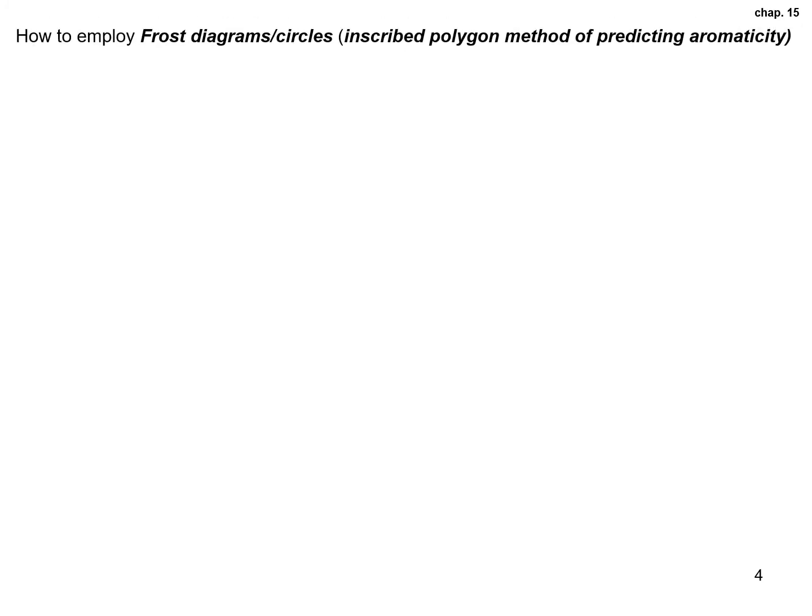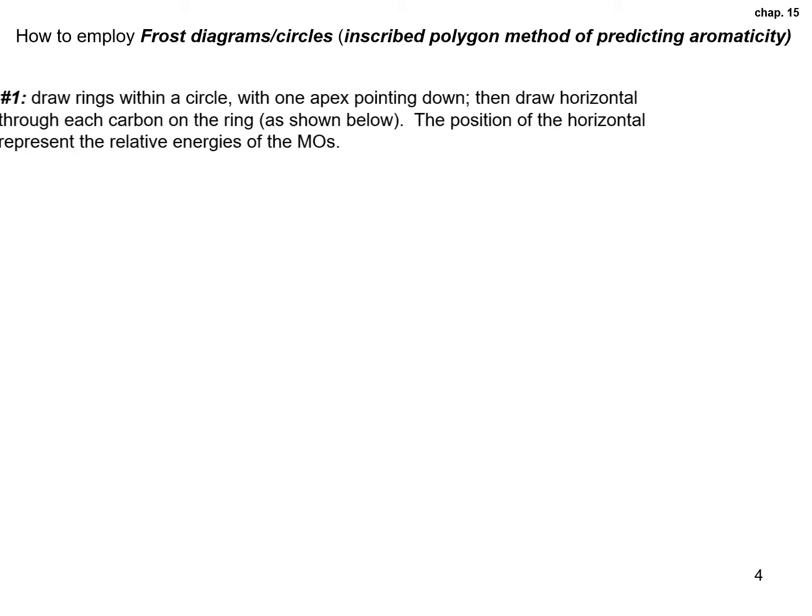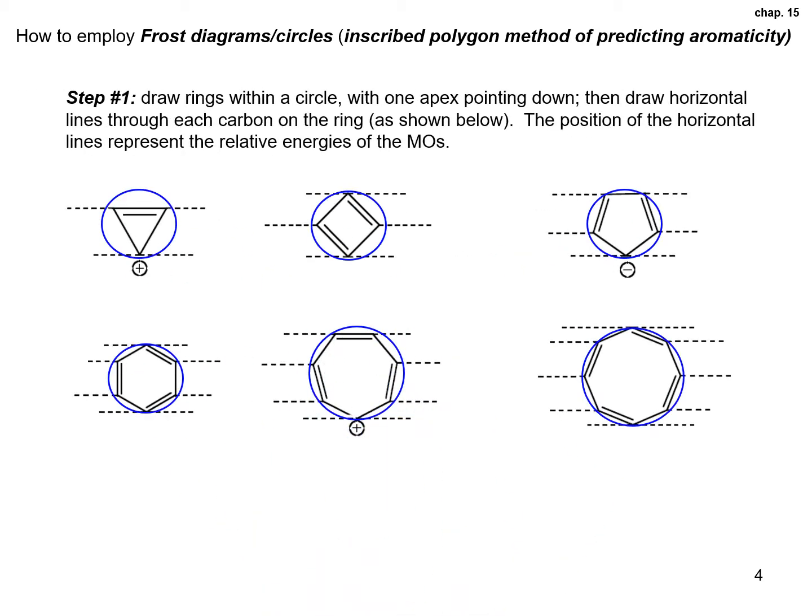What I just described on the previous slide can be demonstrated by looking at the 6 examples here. Notice that each of the rings are drawn with a vertex pointing down.